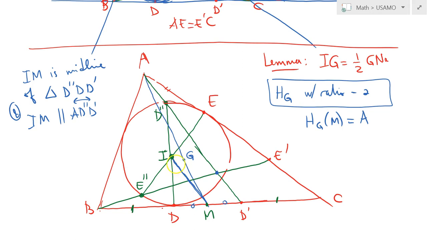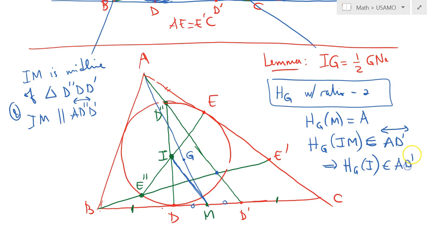But what's surprising is, because IM is parallel to AD prime, the dilation will map IM to a subset of the line AD prime, implying that the dilation will take I to a point somewhere on AD prime. That's neat.